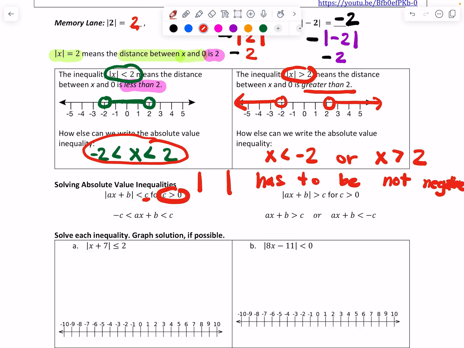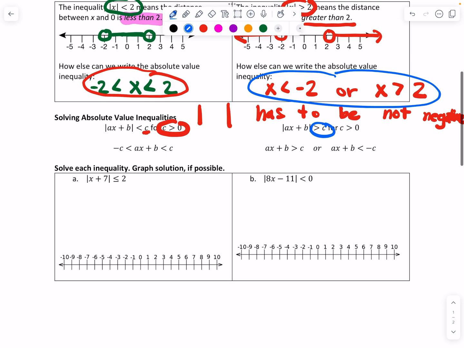Now, if it's greater than some value, that's going to be an or statement like this, where we have two separate inequalities. So part of what you're solving today is you're going to have to take an absolute value inequality and then write your separate inequalities that you'll actually solve and then graph.